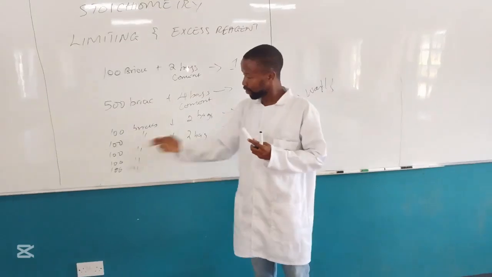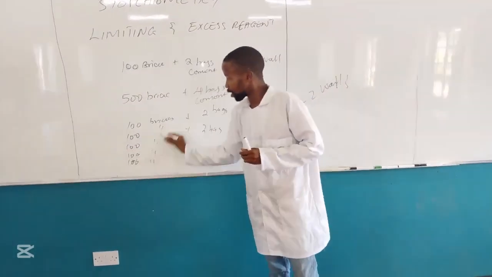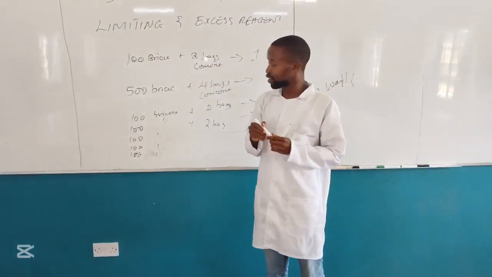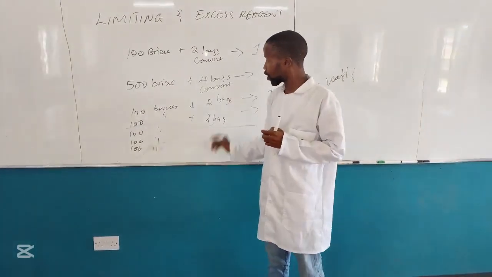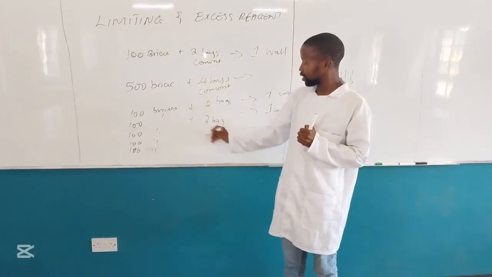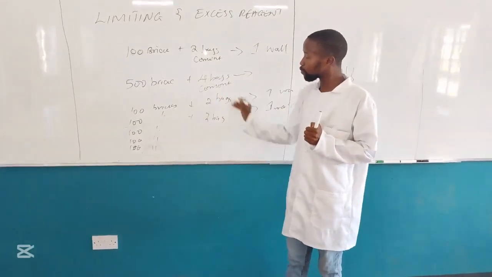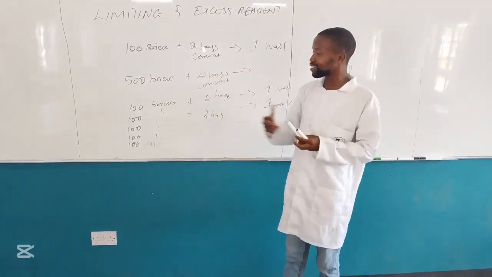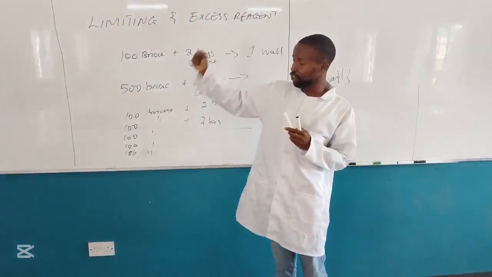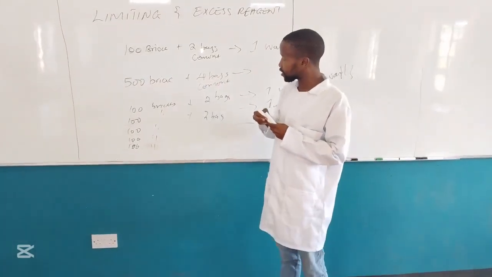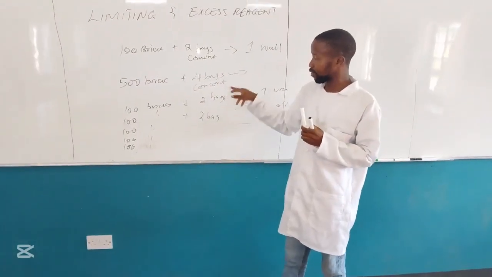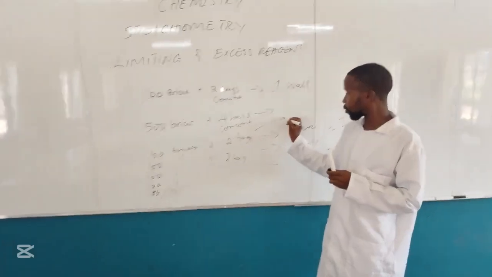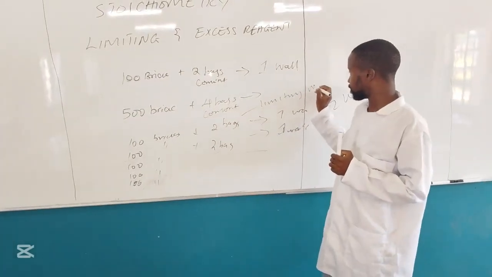Based on what we have here, the number of bricks, we had 500 and we were remaining with 300. While the number of bags of cement, we had 4, and all 4 have been used up. So if we talk about the limiting and excess reagent, the one that is completely used up, in this case the bags of cement, is our limiting reagent.